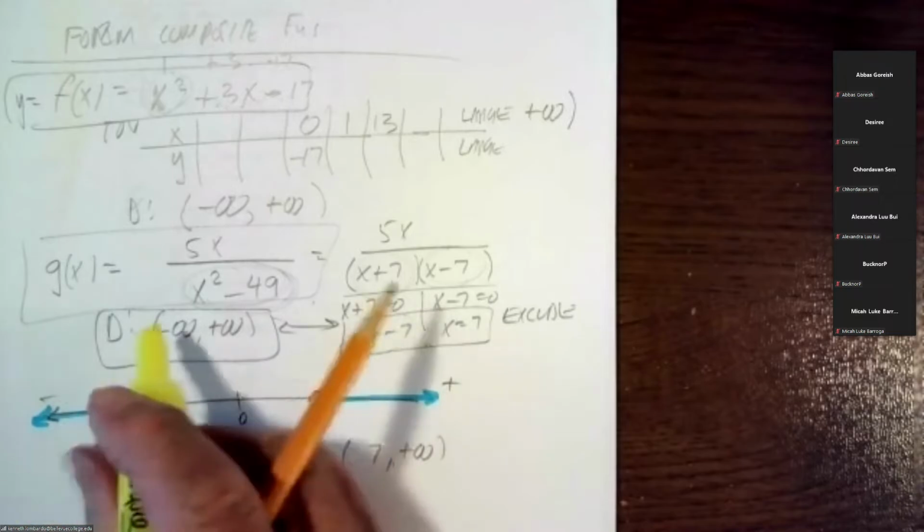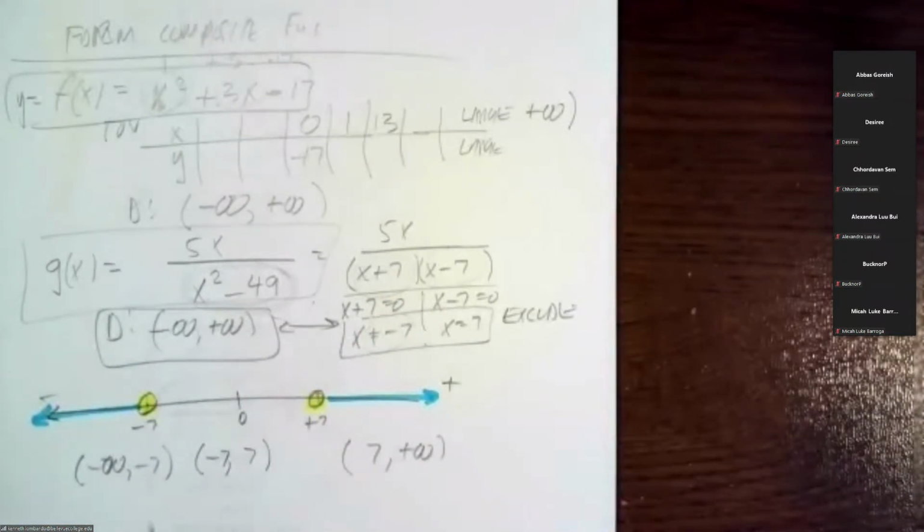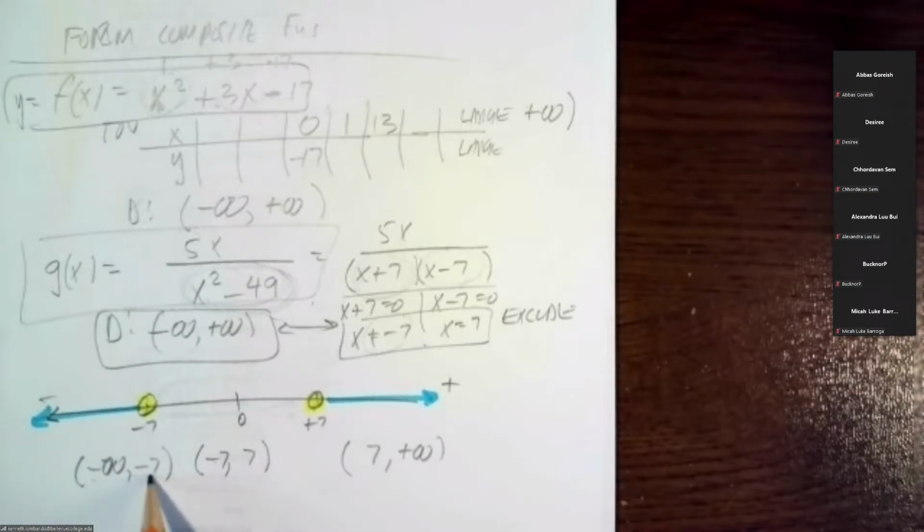Because those values would cause that denominator to go to 0. So we can go negative infinity to -7, or, that's the symbol for or, something greater than -7 and something less than +7, or +7 to positive infinity.